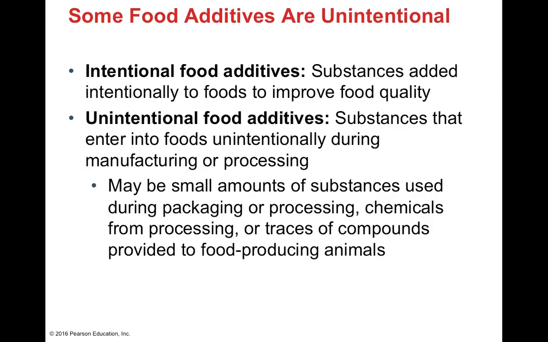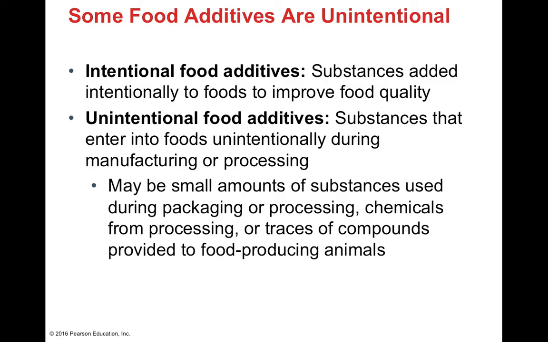As I just mentioned, we have a ton of different intentional food additives, things that are added to help improve the food quality or improve the shelf life or stability or to improve taste or texture or add nutrient value. But we also have unintentional food additives that can get into food during manufacturing or processing. This is why packaging has to say "also processed in a facility that processes peanuts."